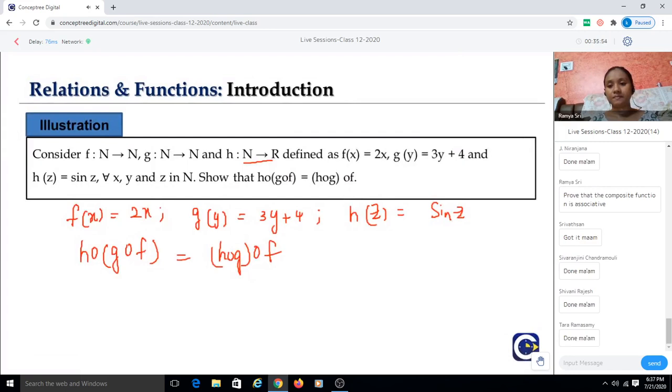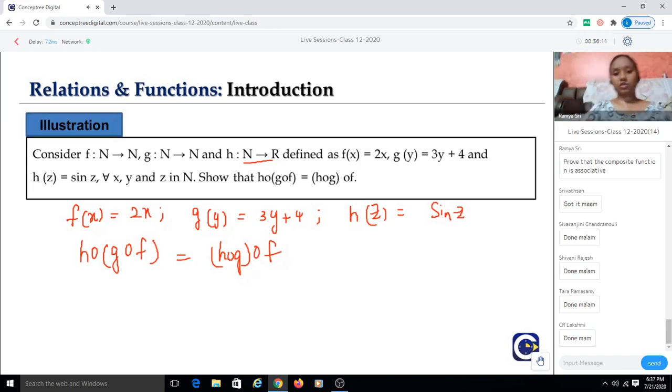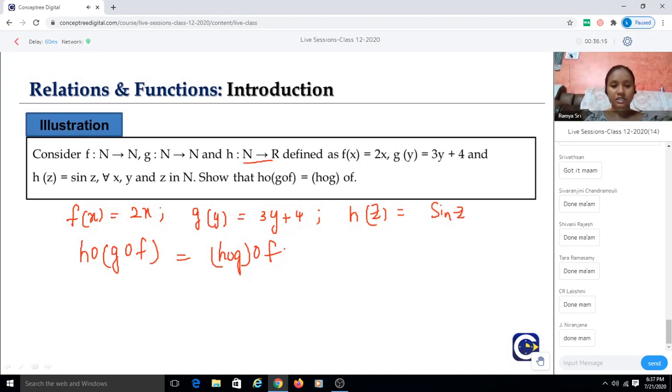Okay. Okay, Tara and Lakshmi have also solved the main question. So I'll just try to write the solution here.